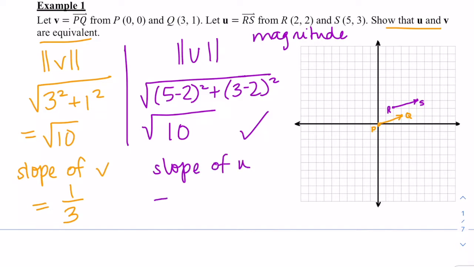It's a little bit more subtraction, but we have 3 minus 2 over 5 minus 2. So that's 1 over 3. So the same direction. Now, I'm just talking about the slope because that's what we've been using when we talk about a linear plane. When we have vectors, we often write the direction in component form.